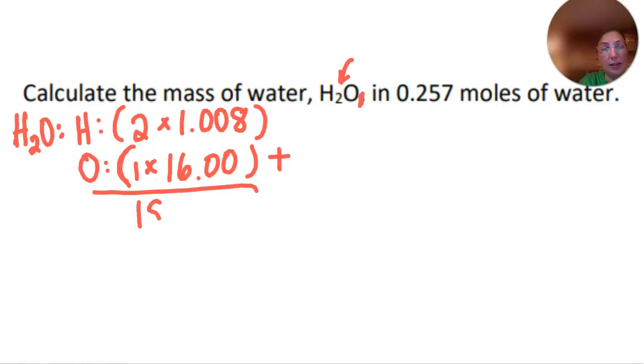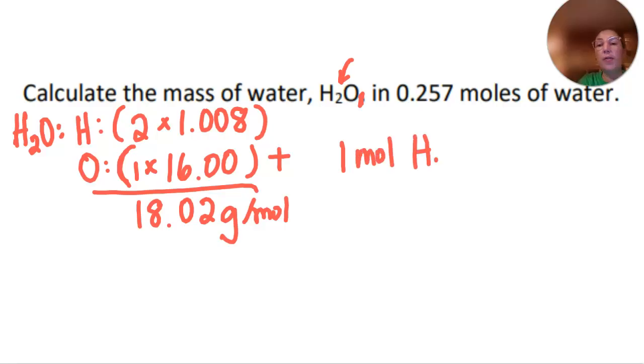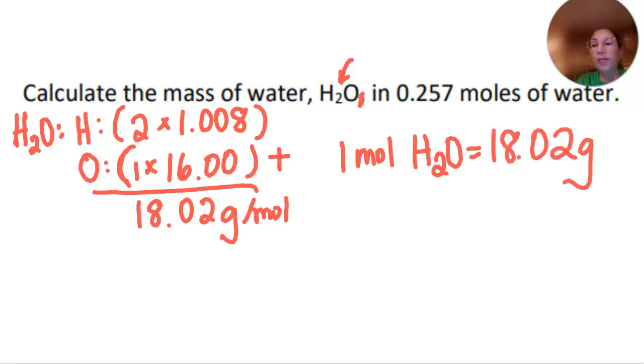The parentheses really help if you have a number other than 1 there. You should get 18.02 grams per mole, the grams in 1 mole of water. So that's the molar mass of water. If we have 1 mole of water molecules, we have a mass of 18.02 grams.